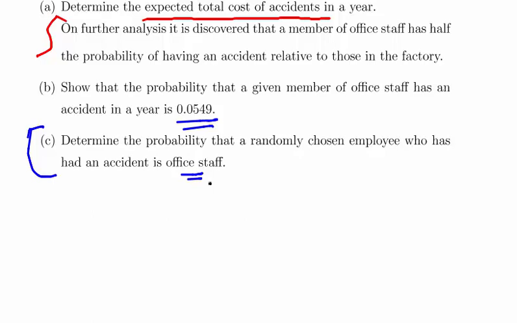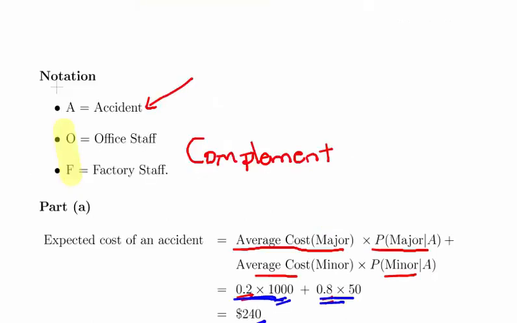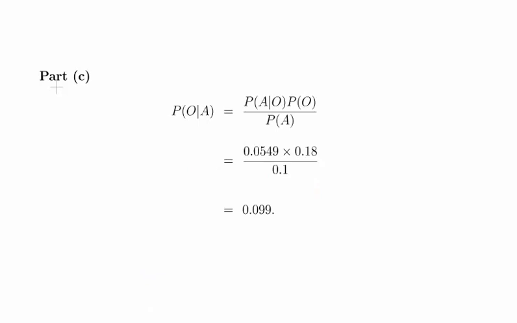Is it A given O or O given A? Well, we know they've had an accident, so what's the probability that they're office staff? That's what we're looking for. We know they've had an accident, and we want to know if they are office staff.